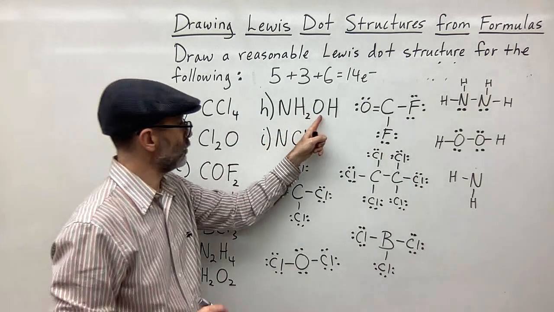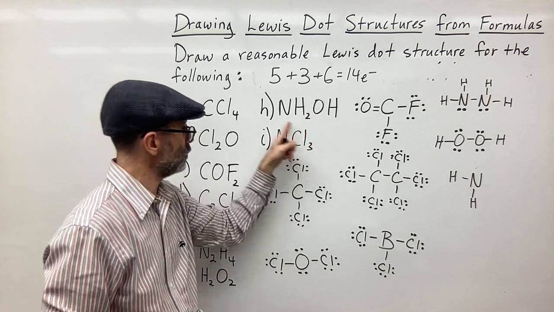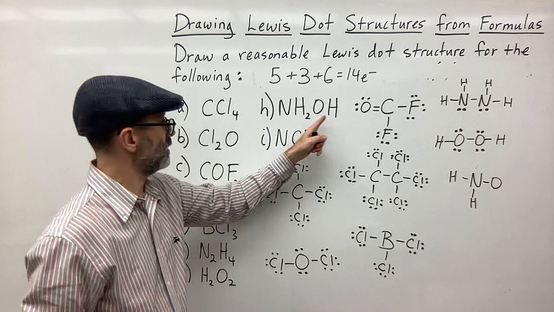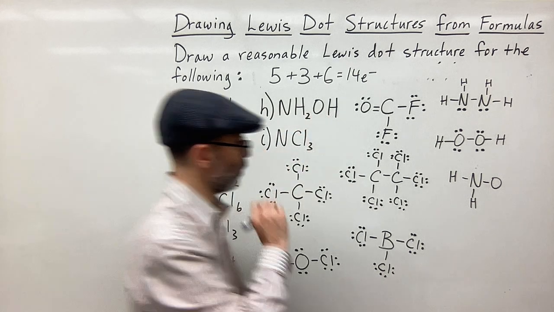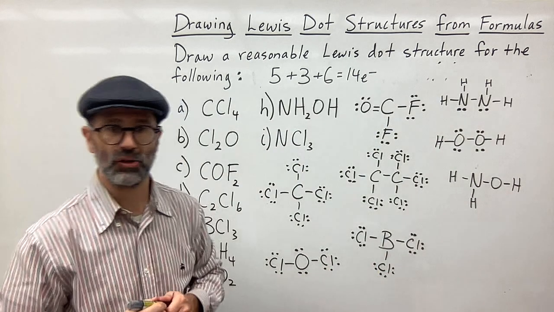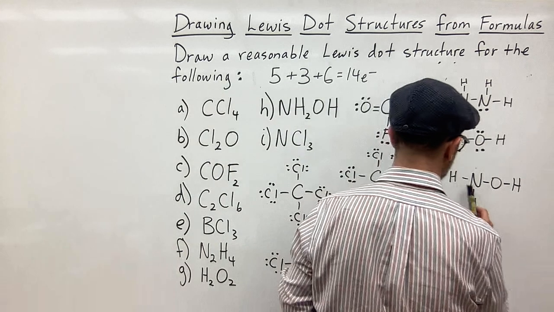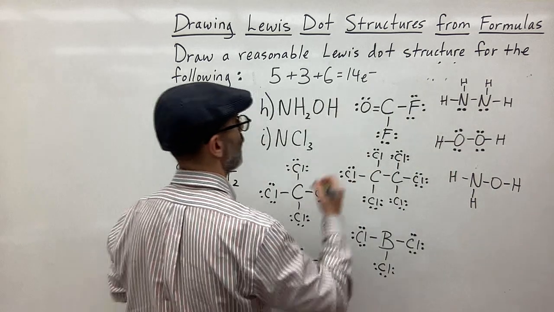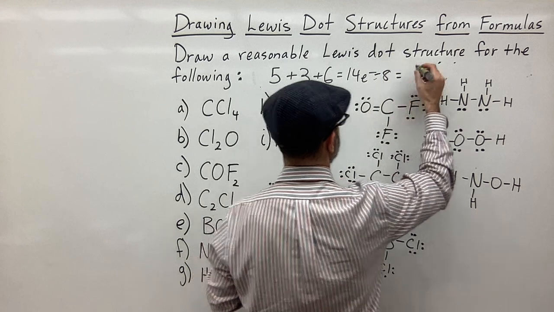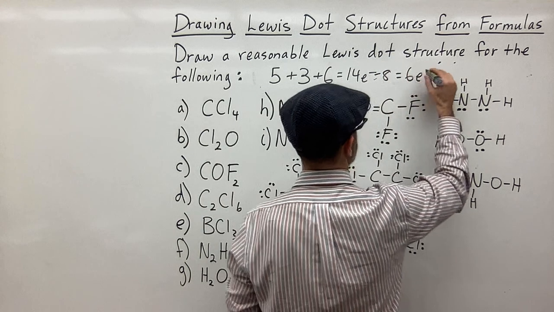And this oxygen follows the nitrogen, so the oxygen is bonded to the nitrogen. And then this hydrogen follows the oxygen, so it's bonded to the oxygen. So there's our skeletal structure. So we have 1, 2, 3, 4 bonds, so that's 8 electrons. I'm going to subtract out 8. That's going to give me 6 electrons left.